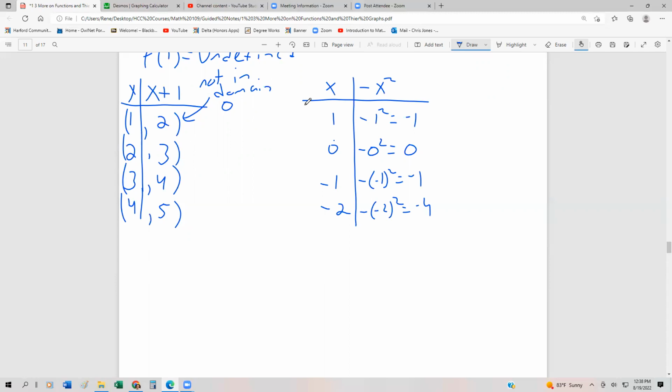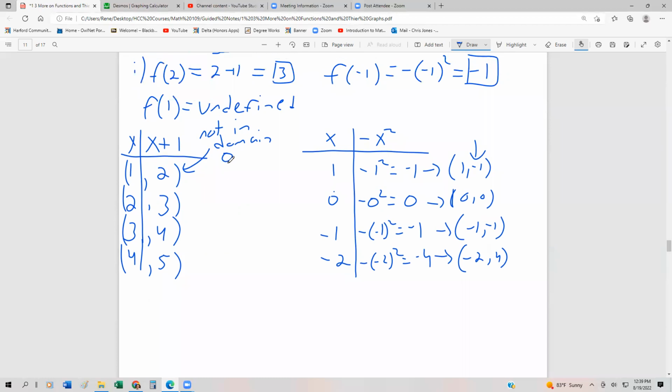Again, these are ordered pairs. The ordered pairs we get are 1, negative 1; 0, 0; negative 1, negative 1; and finally negative 2, negative 4. But this point, 1, negative 1, is not in the domain of the function, so we're going to put an open circle there. It's not in our domain.